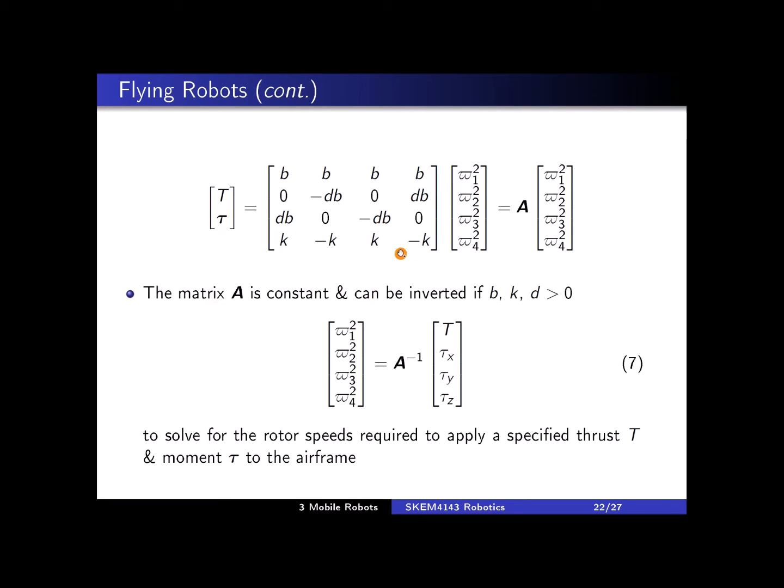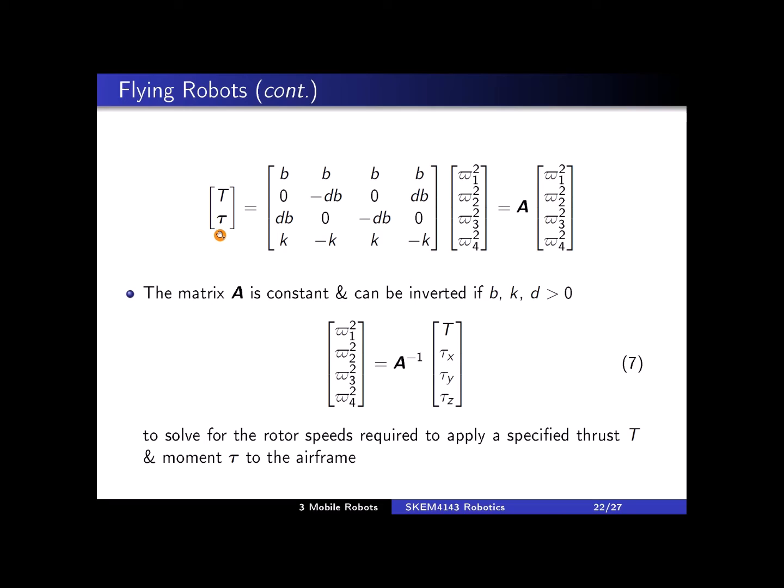This matrix is constant because it depends on b, d, and k, and it can be inverted if these constants are positive, which indeed they are. So if we have the required thrust and required torque, we can compute the needed angular speed of our rotors in order to generate the required torque and thrust by inverting matrix A.